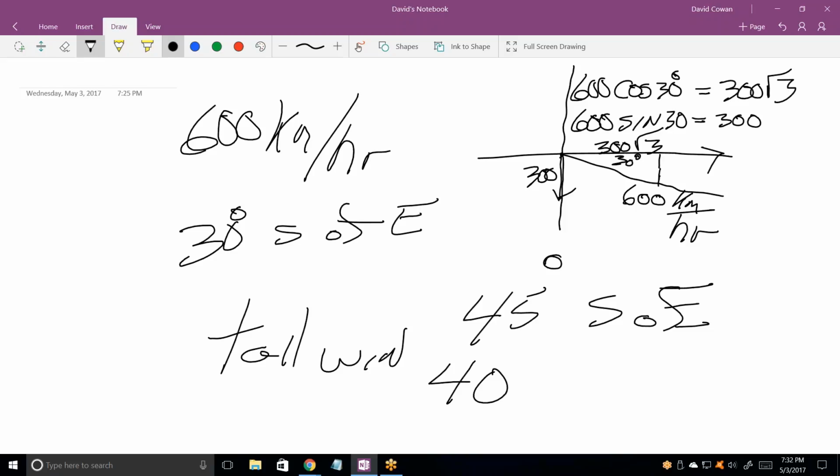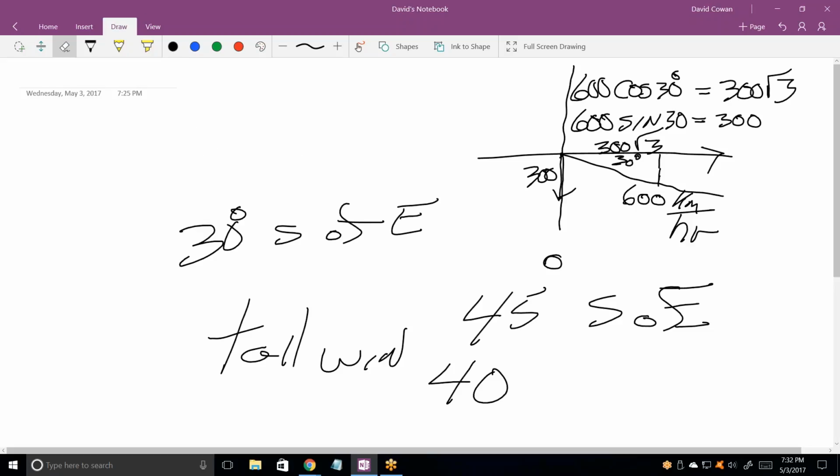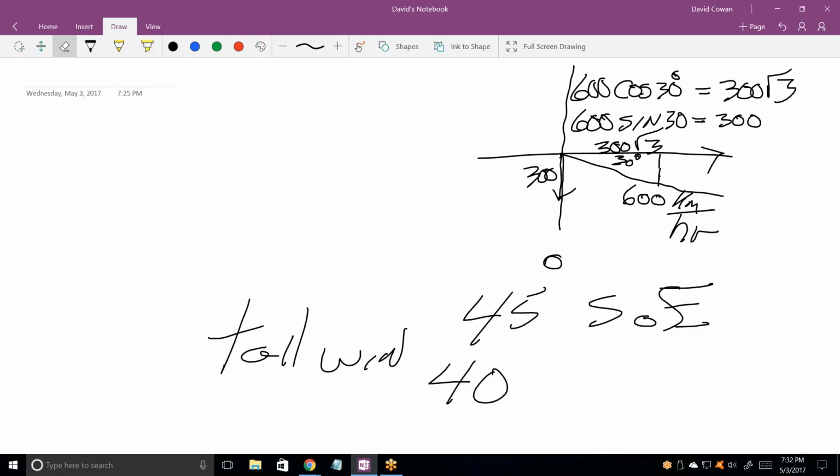You with me? Yeah. Now, do the same thing with the wind. So, let's look at the tailwind. It's 45 degrees south of east, and its vector magnitude is 40. So let's figure out what its horizontal component is.